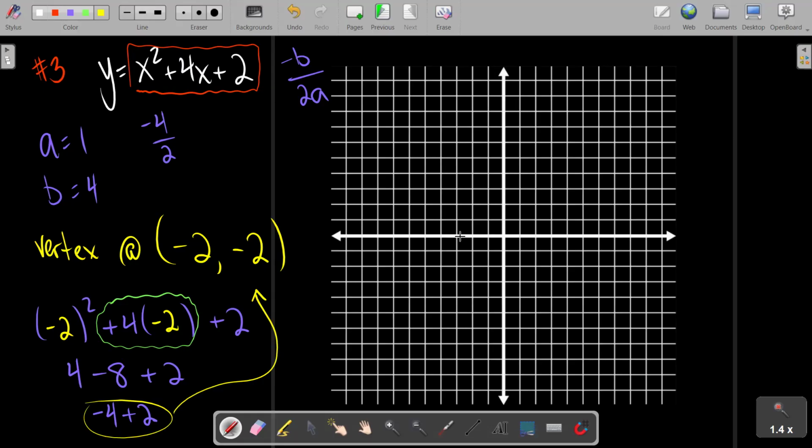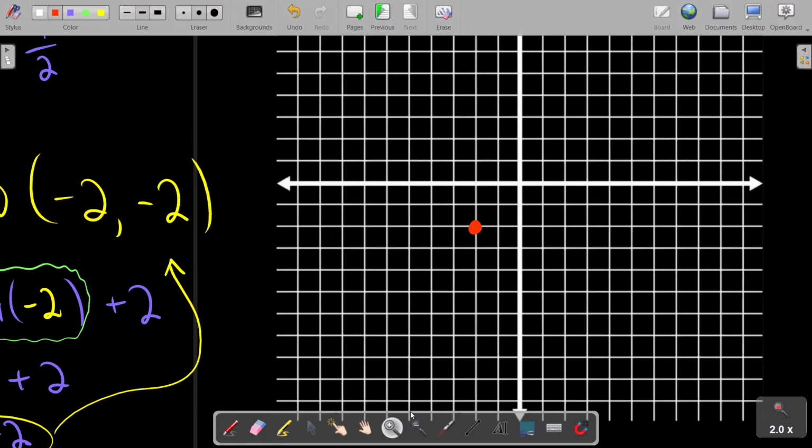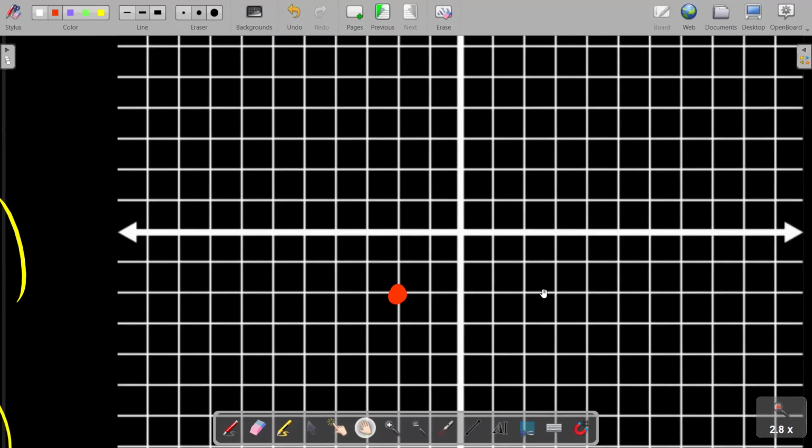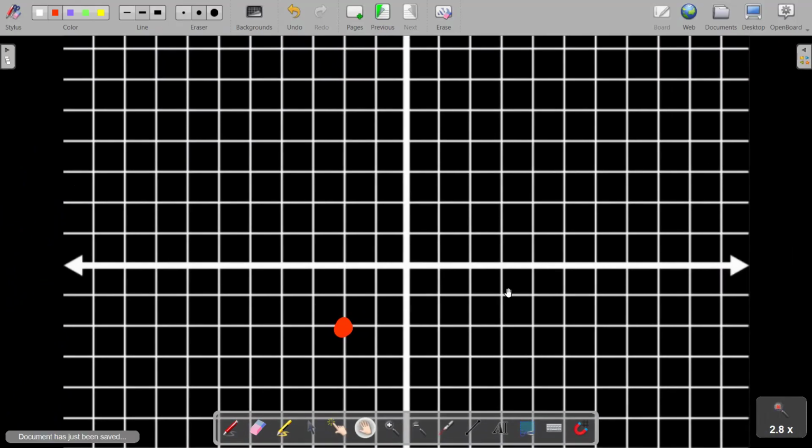So my graph's going to look a little bit different from yours because I just used a different grid. Same idea though, right? So you and I agree that we're going to go left 2 and down 2, and we're going to make our vertex right there. And then does this one open up or does it open down? It opens up, right? So a normal parabola will do what we call opening up. And so from that vertex, and knowing the worksheet, you probably don't have a ton of space there.